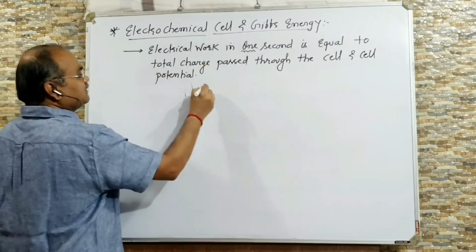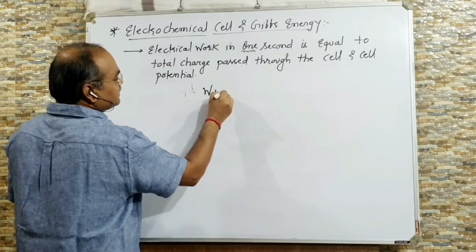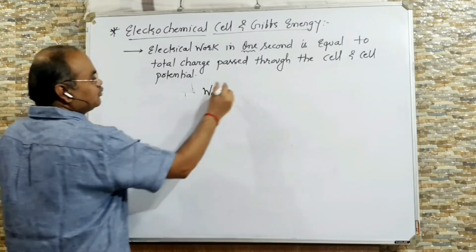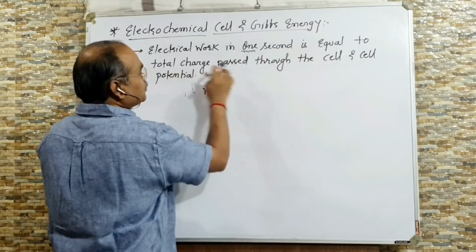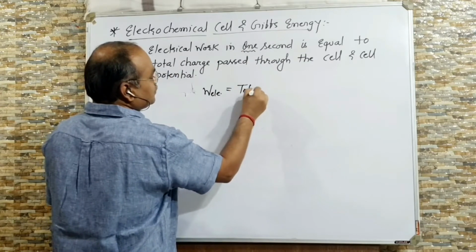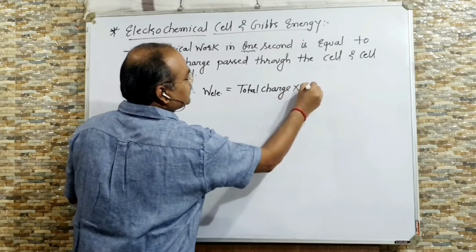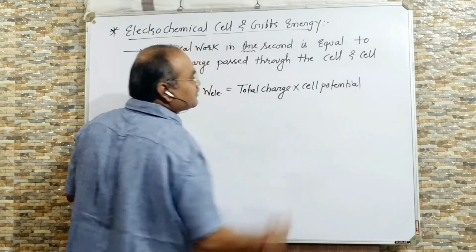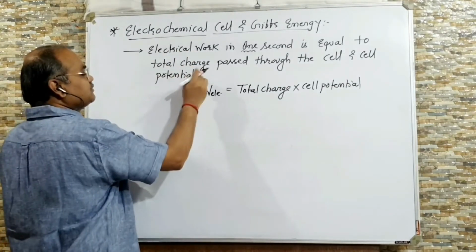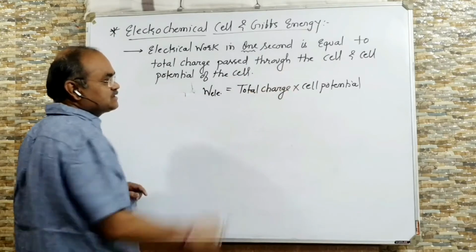If I want to write it, W electrical is equal to, in 1 second, the total charge into the cell potential of the cell through which the charge is passed.